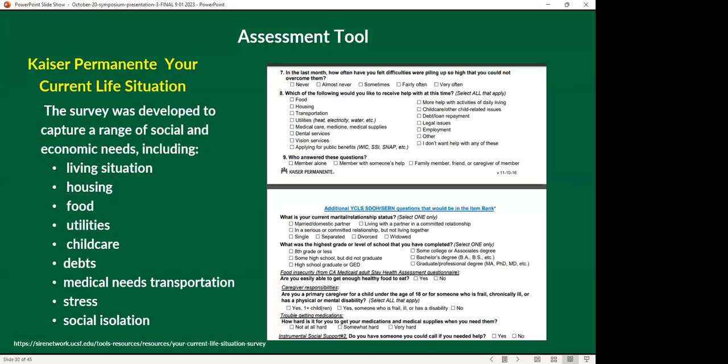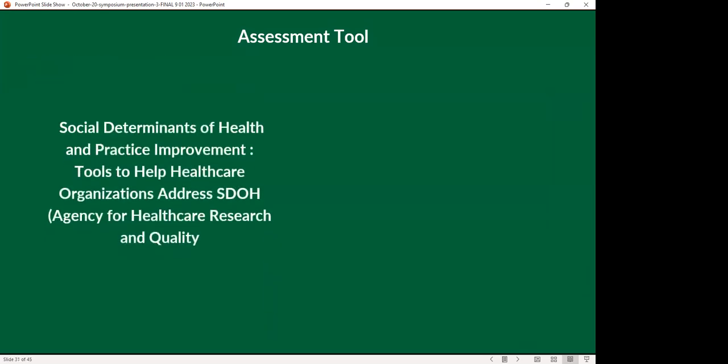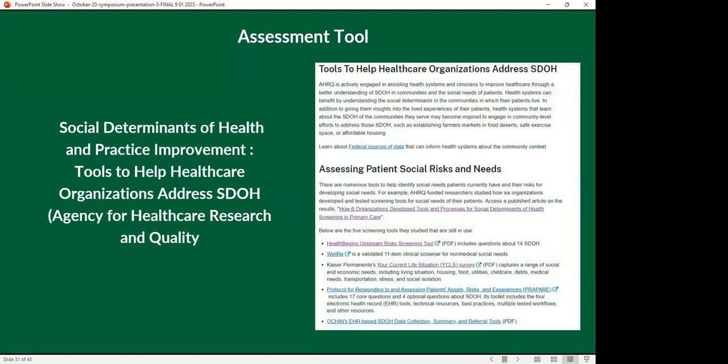And there was another one that I will show in case you want to take a snapshot. This is the Kaiser Permanente. And then this was the other one. Let me show the URL.